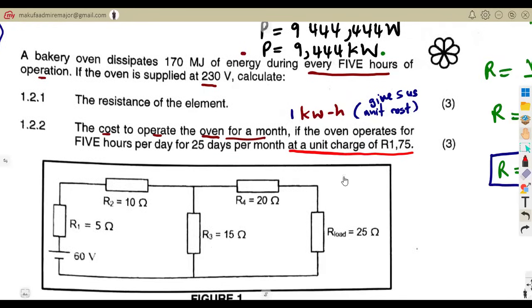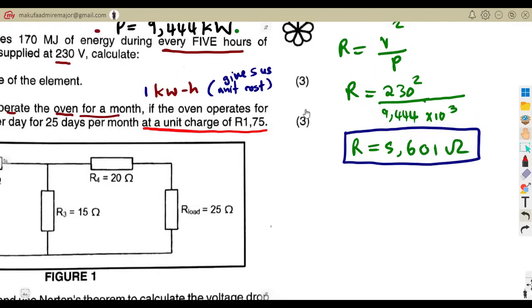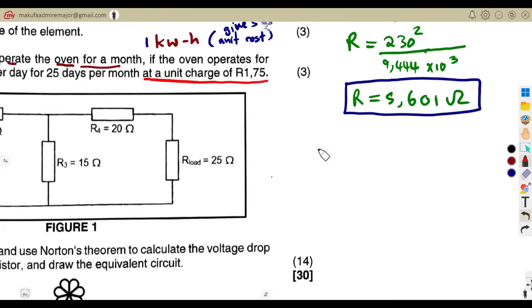That is what they mean there. All right, so that's 1.22. Let me try to explain this. That is saying per each 1 kilowatt hour, it is going to be equivalent to 1.75 rand. This is the unit, a unit charge.